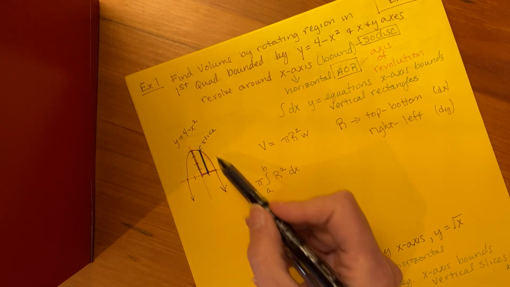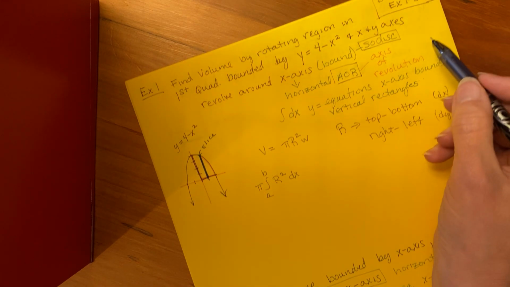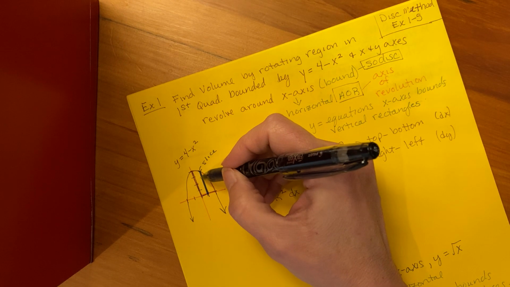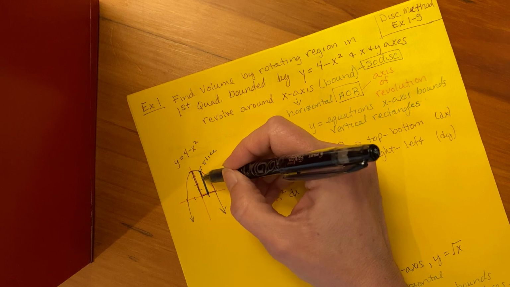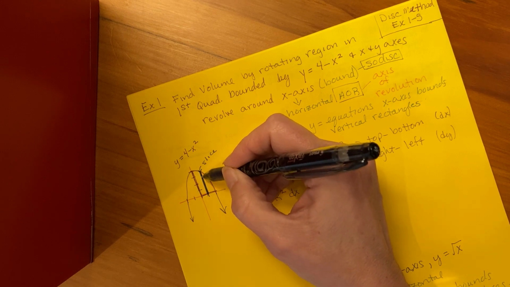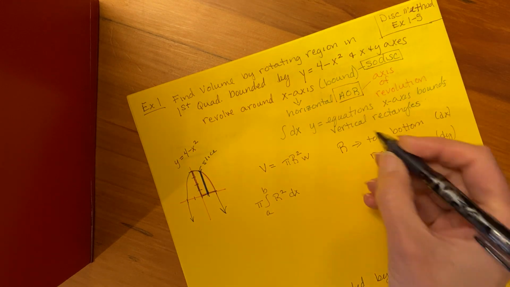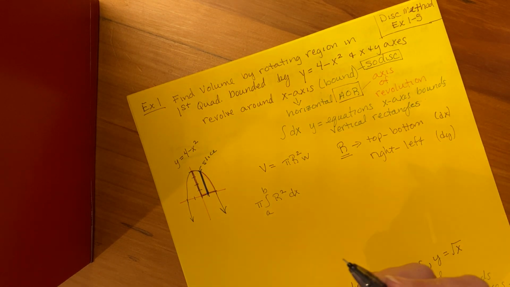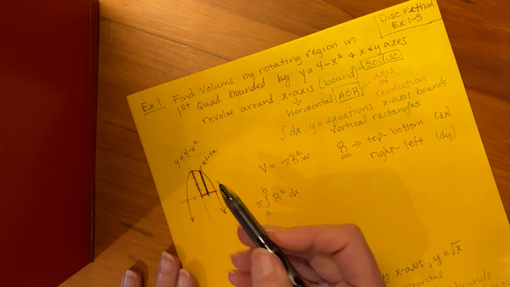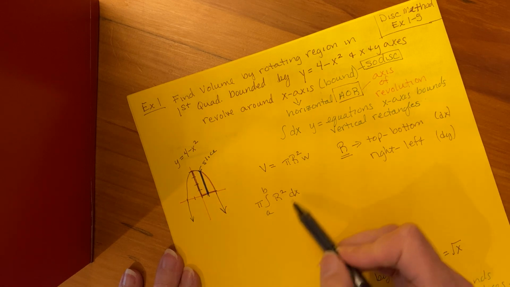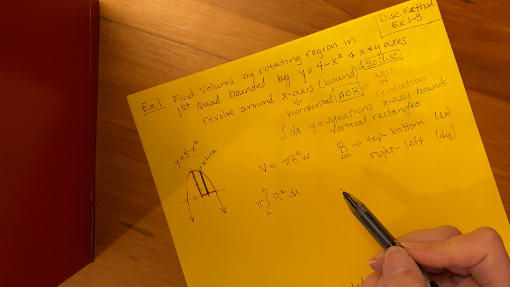If it is part of the bounds of your shape, you're always going to be doing a disc. Then this is my arbitrary rectangle that it's talking about in those steps. This represents the slice I'm going to make, how I'm going to figure out what my R is. And remember, this comes from Riemann sums, where we would add up the area of all these rectangles. Well, we learned that we can do that through integration.